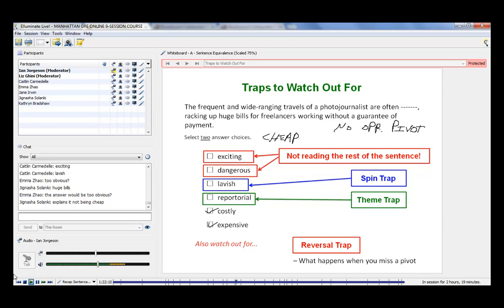So if this had said the frequent and wide-ranging travels of a photojournalist are often blank, comma, even though they rack up huge bills, then maybe there'd be a reversal trap, because people might miss the "even though." But in the absence of that, it doesn't really work well as a trap.